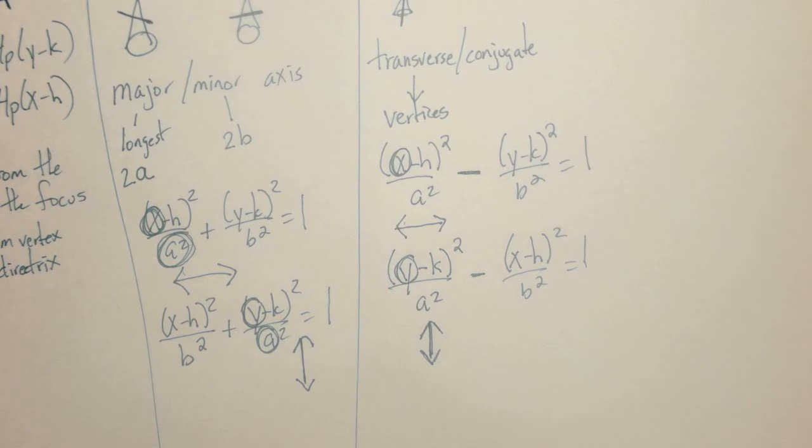Alright. So in an ellipse, the major axis is the longest axis. In the parabolic equation, it represents the distance from the vertex to the base.